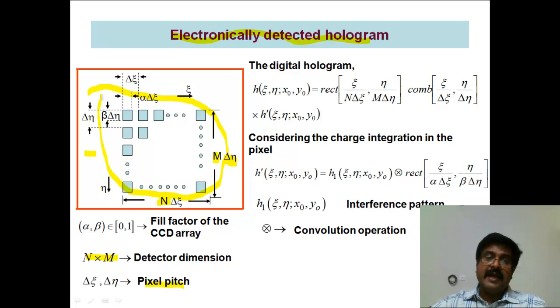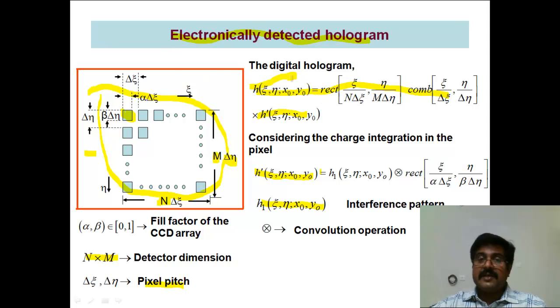the CCD sensor. When the optical hologram falls on this sensor, each pixel will integrate the light in the corresponding region and gives a number as output. Accordingly, the total digital hologram can be modeled like this, where H dash is the light integration process, or the charge integration process that happens in the CCD sensor, where H1 is the optical interferogram falling on the CCD sensor, and then there is a charge integration on each pixel, and how we put it into the n cross m raster.